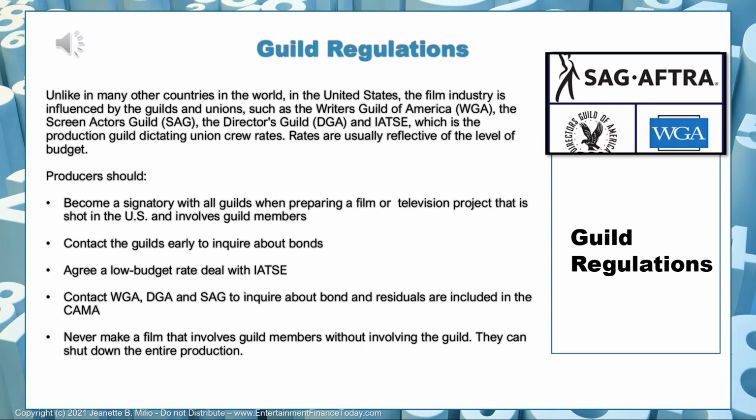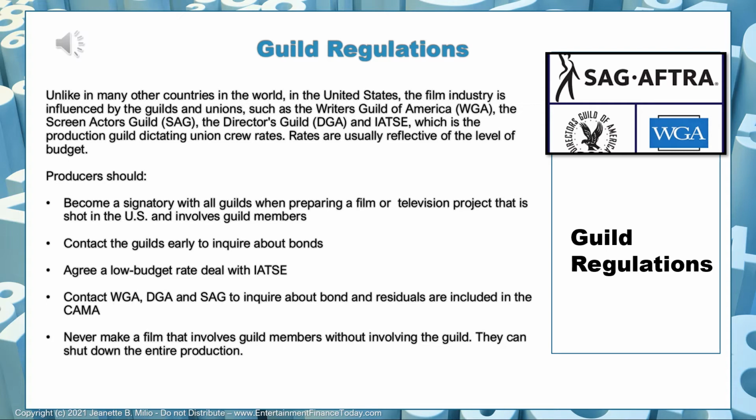And if you are shooting a film with union members, you're going to have to deal with IATSE. And most films, even if they're low budget, have union crew involved. What you can do is call IATSE and talk to them about a low budget film you are producing and ask them if they will allow their members to receive a lower rate.